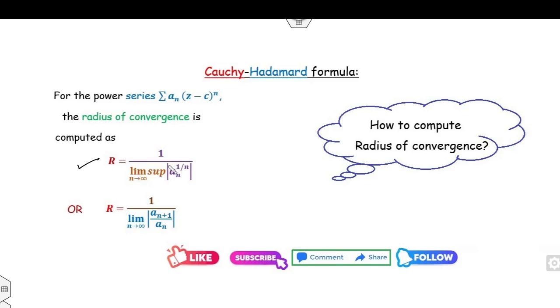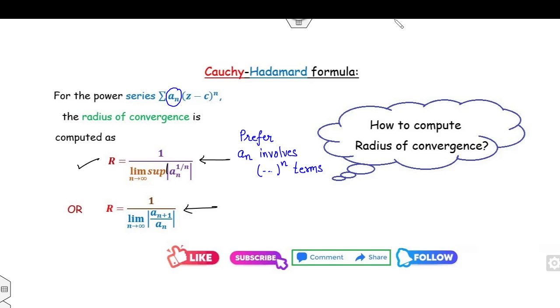That is the limit supremum. This is the absolute value and this is the absolute value. But the question is when you can use the first formula and when you can use the second formula. The first formula is preferred whenever your a_n involves power of n terms.